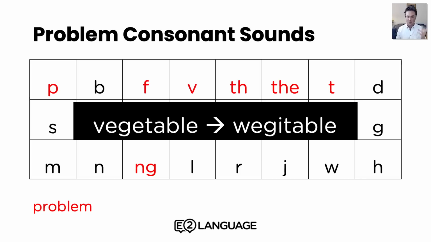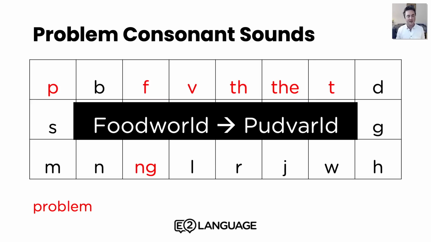So that's just one example. Another one would be a chain of supermarkets in South Asia, by the way, called Food World. And when, let's say, a Kannada speaker says Food World, it might sound a bit like "Pudvald," because there's an influence from the f to the p sound, and also again the w to the v sound.